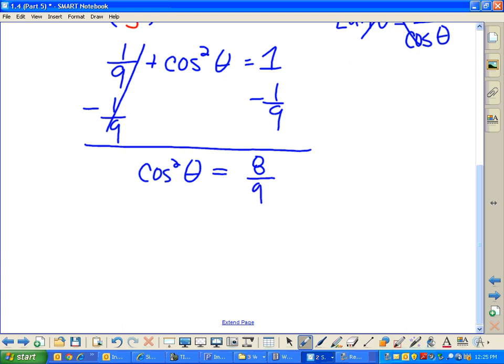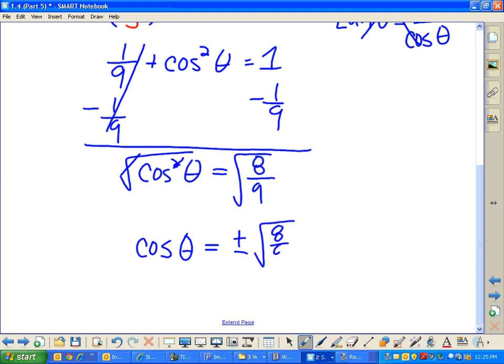And then I'm not quite done. The problem asked me to solve for cosine, not cosine squared. So what do you think? Square root it. Good, Roya. So we have cosine theta equals plus or minus the square root of 8/9. And really, you never leave me something that looks like that.